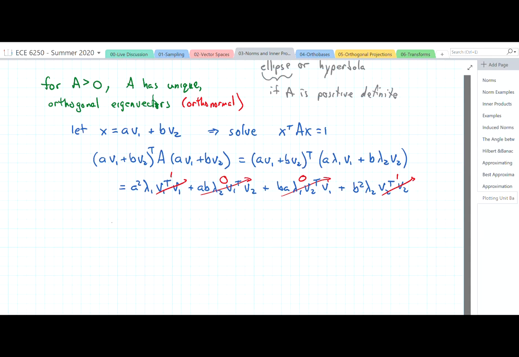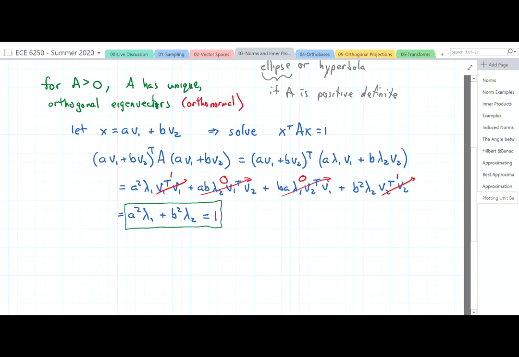And so this simplifies down tremendously to a squared lambda 1 plus b squared lambda 2, and we want this to be equal to 1. So now we have a much simpler equation to follow.